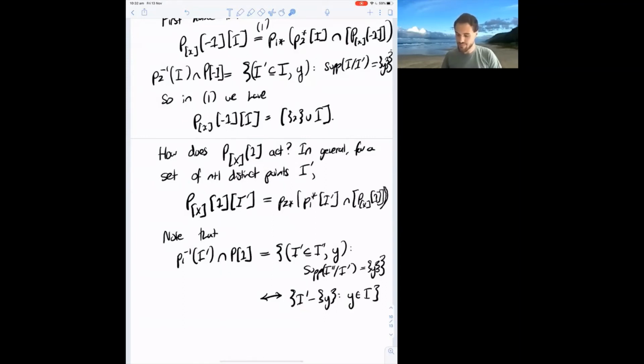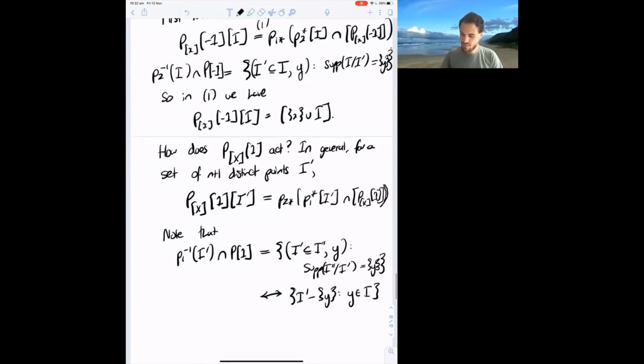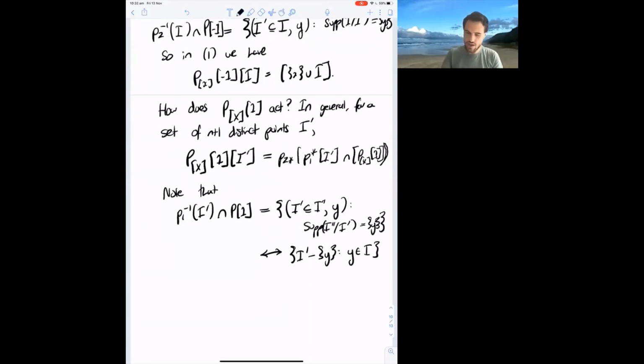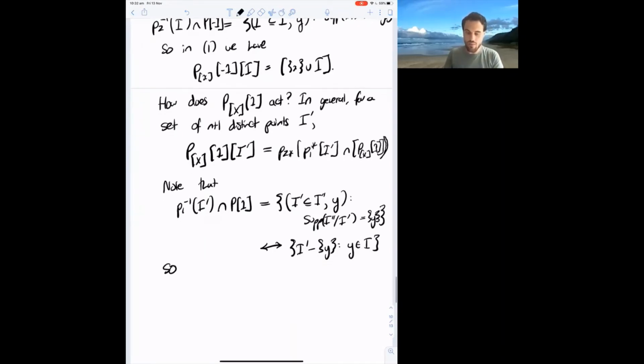So once you make this choice of I prime prime with this support condition, you know that you're just subtracting a point y. What we end up getting is that I could choose any one of the points to subtract.